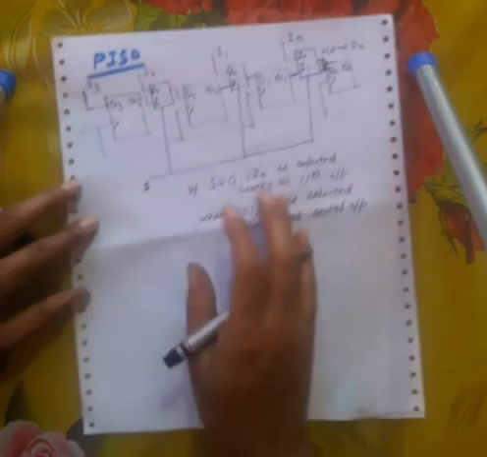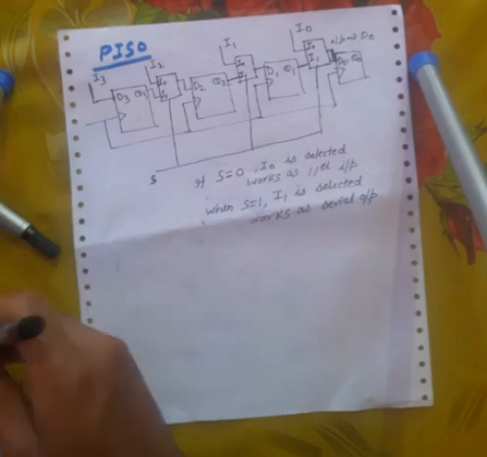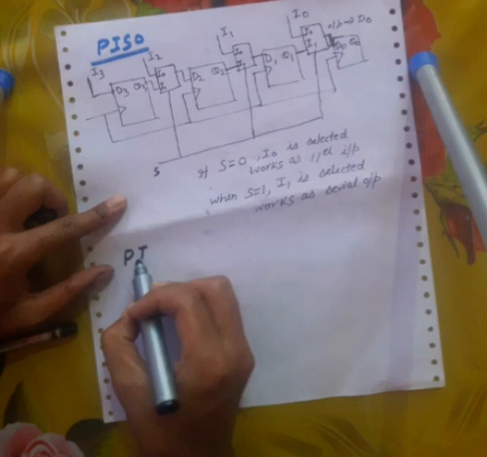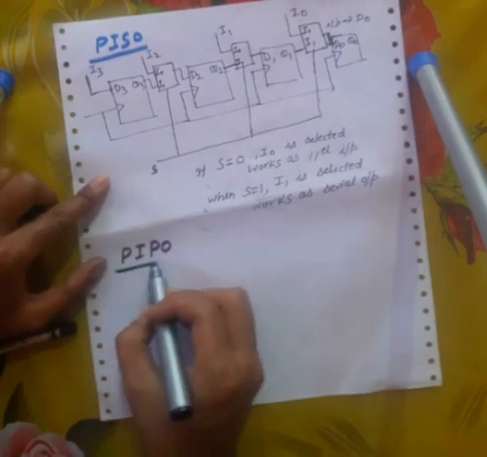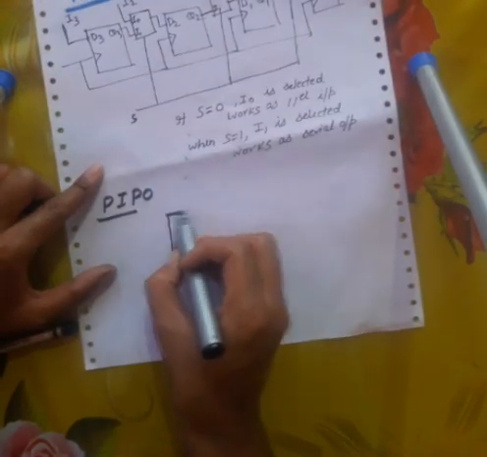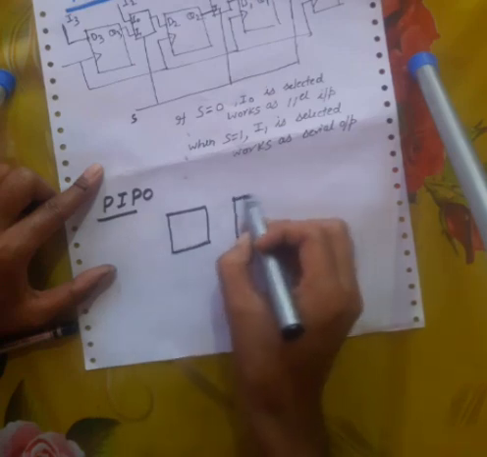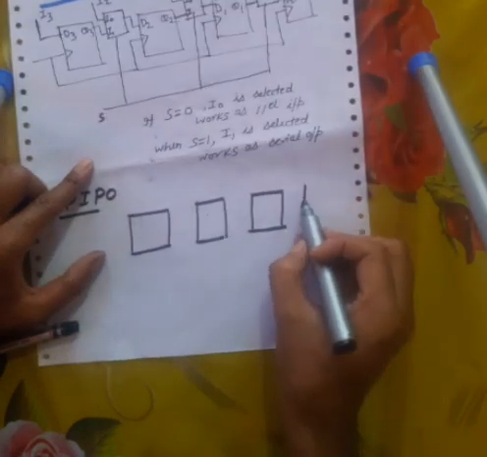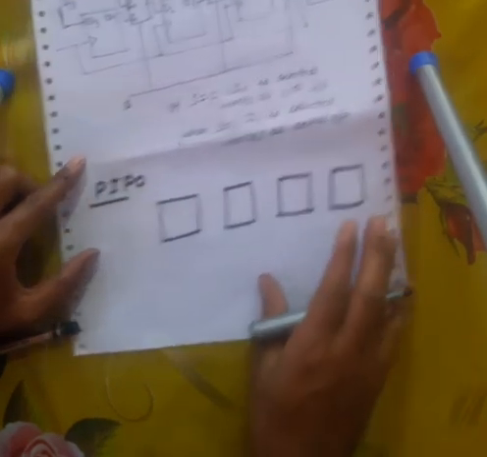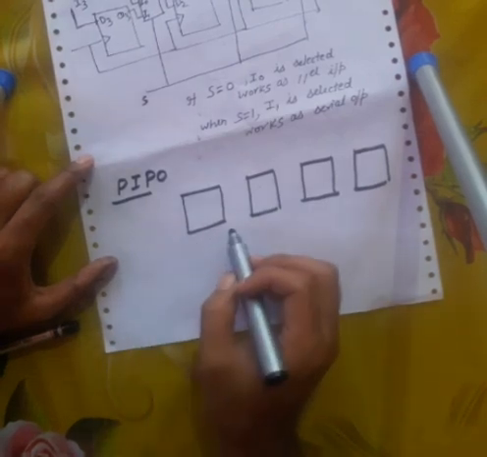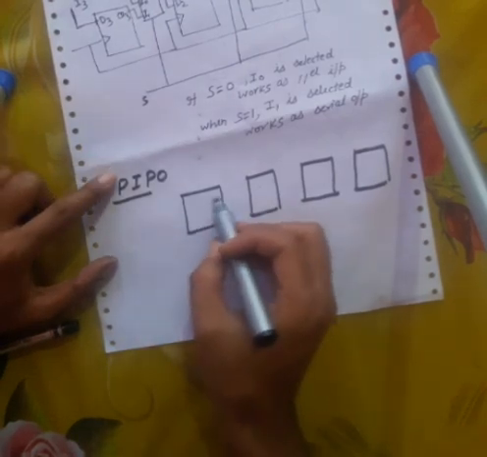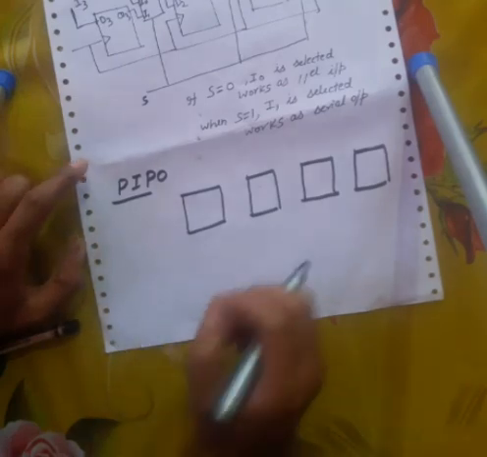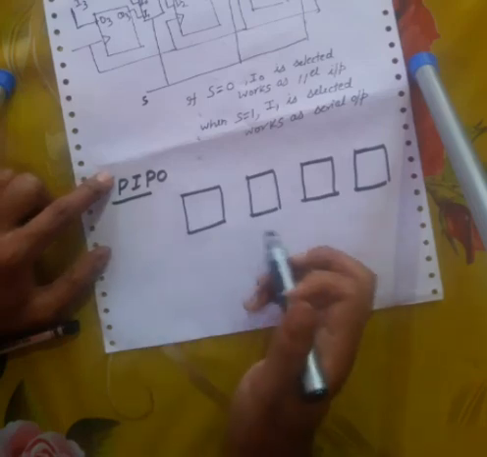Okay, last one, parallel in parallel out register. In this we will apply data parallelly. We will give data parallelly and we will take output parallelly.